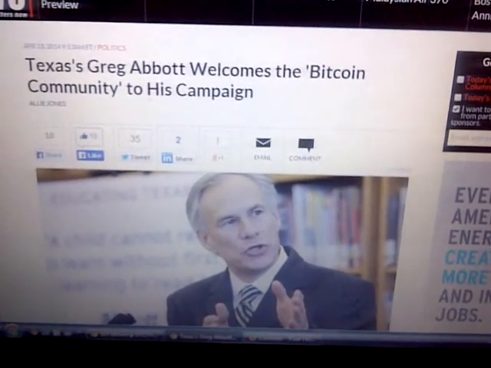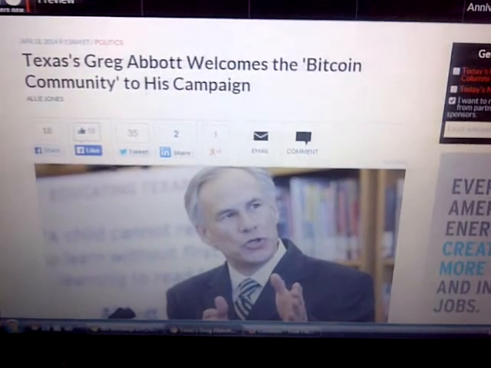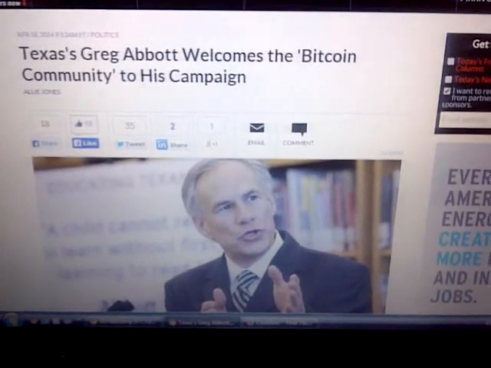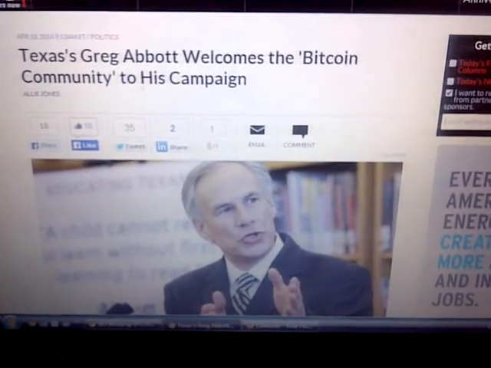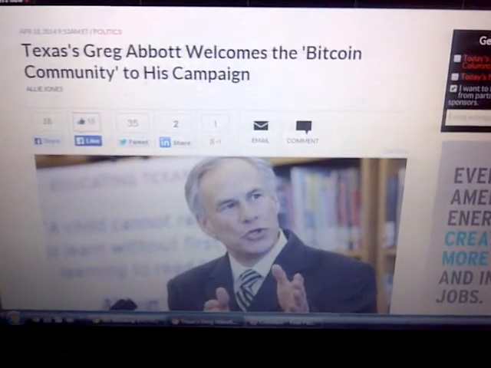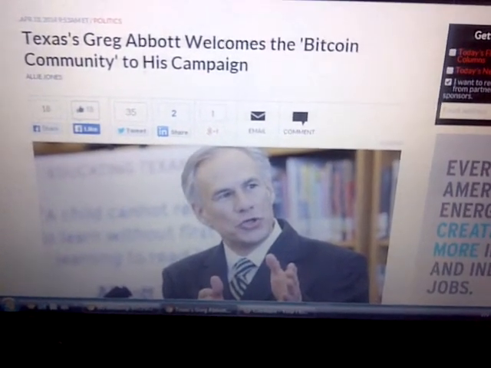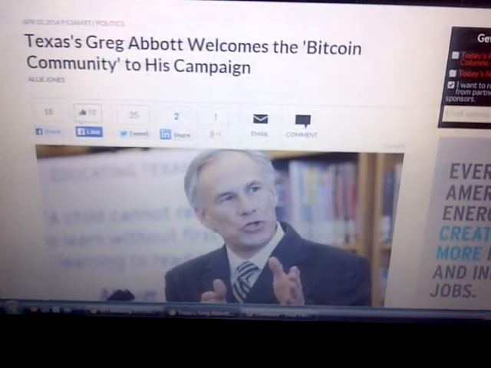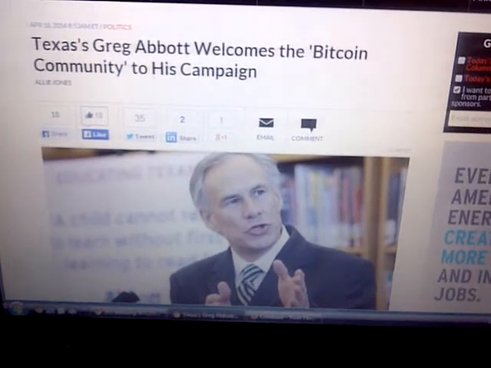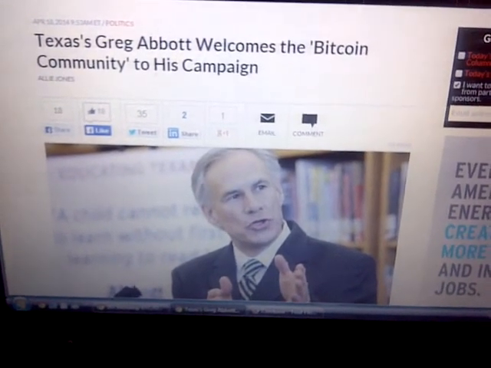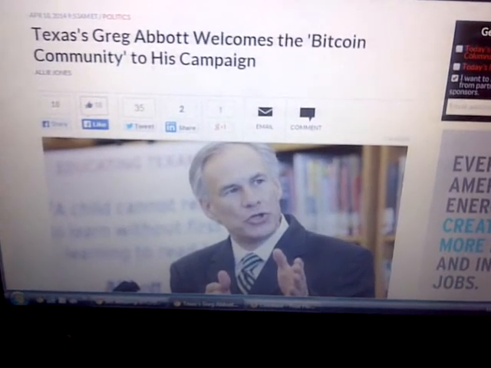I know there's a lot of people in Texas who are trading bitcoins, who are investors of Bitcoin. They probably want to see Texas on the forefront of any Bitcoin legislation or guidance, or some form of representation.